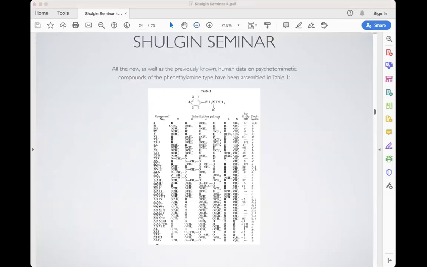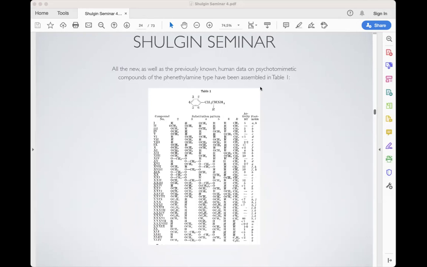And I think this table, or a similar one, was also repeated in subsequent papers, which I will try to show now, perhaps. Where is it? I think it's in the handout.